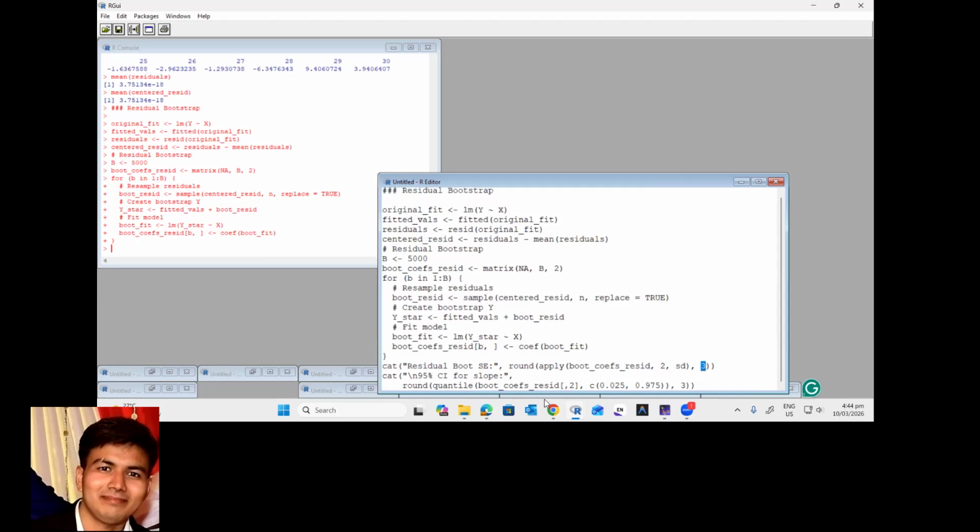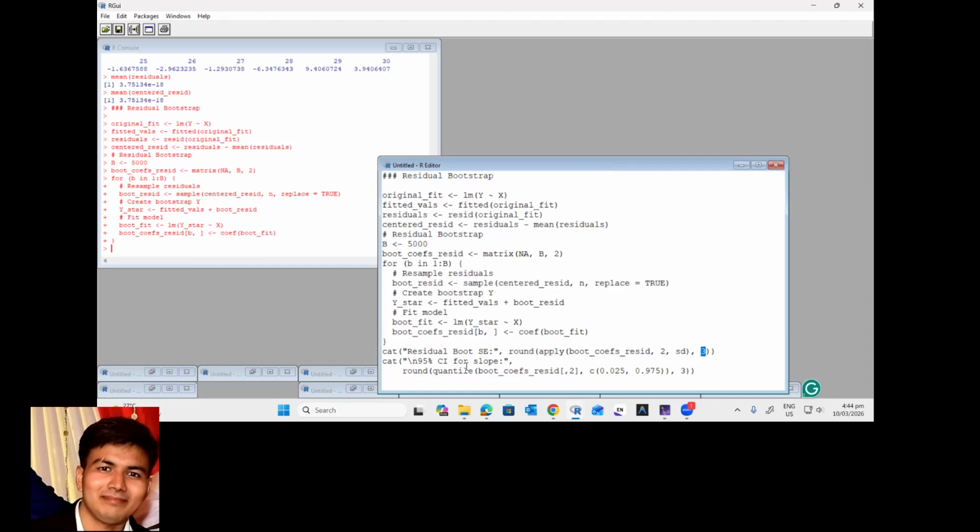And in the next command, in the cat, for the boot coefficient confidence interval, here we use this command, boot coefficient residual, comma 2.